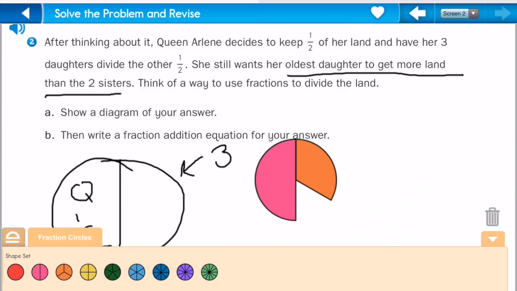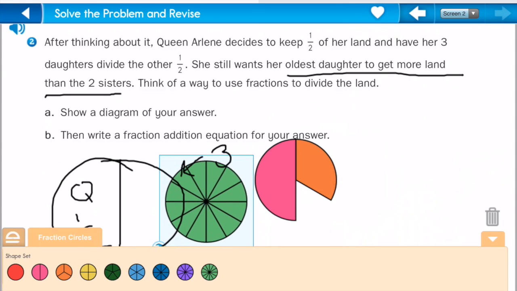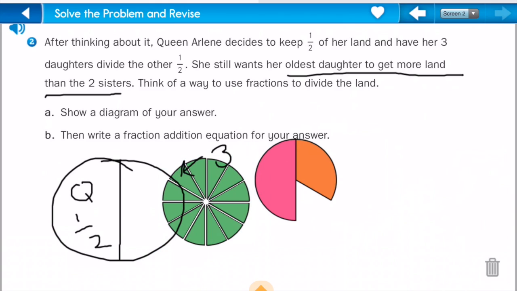Now we have just a little bit left for the 2 other daughters. So I'm going to drag my 1/12 pieces, break these up, and see how many can fit in there. Oops, disappeared on me.